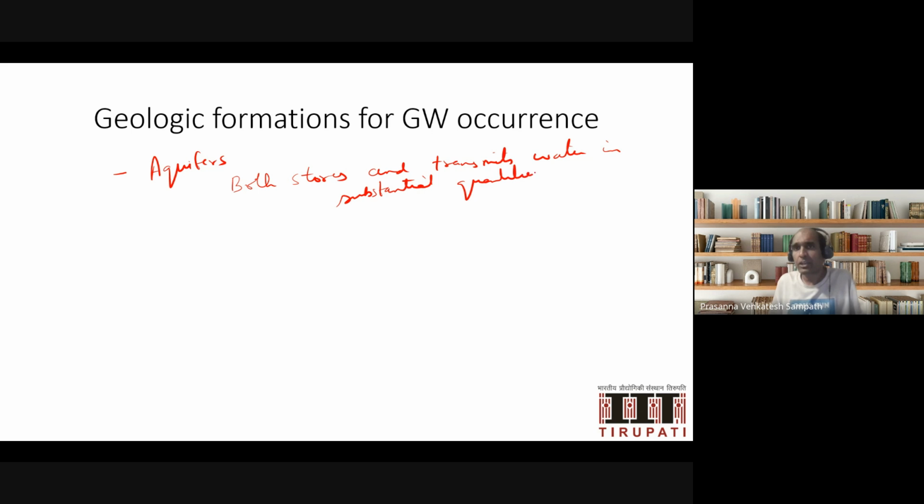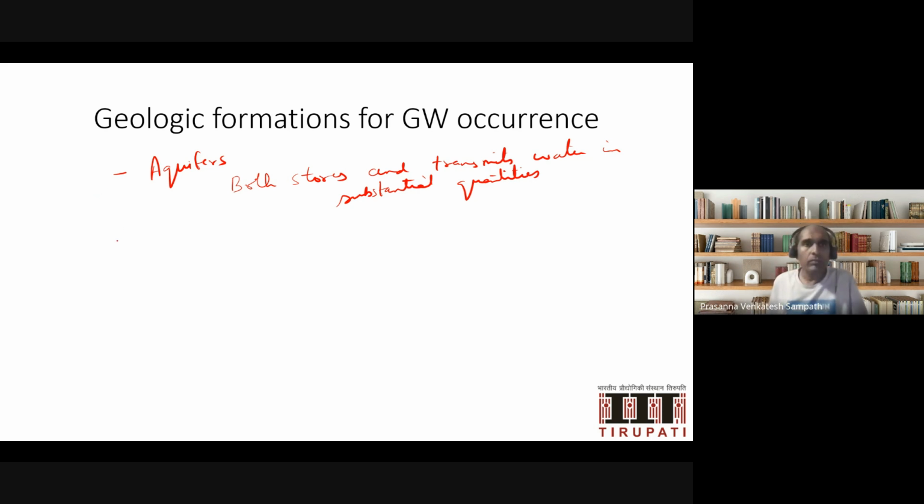So any geological unit that both stores and transmits. Transmits means it allows water to move, right? It both has the capacity to store water and to allow that water to move in substantial quantities is called an aquifer, a geological formation which allows both these processes, storing and transmission of water, is called an aquifer. Okay.